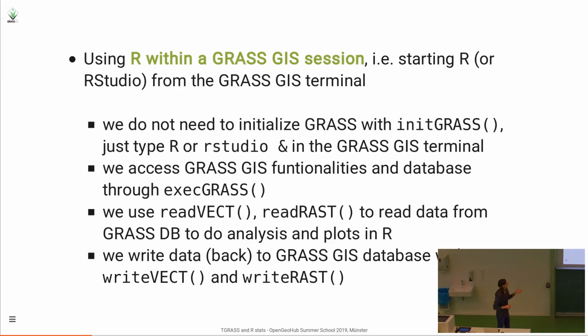And we access all the functionalities with execGRASS. We just read our data in from the GRASS database, we do our processing and analysis and plotting, everything we want to do. And then, optionally, we can write the data back. So it's actually pretty simple.